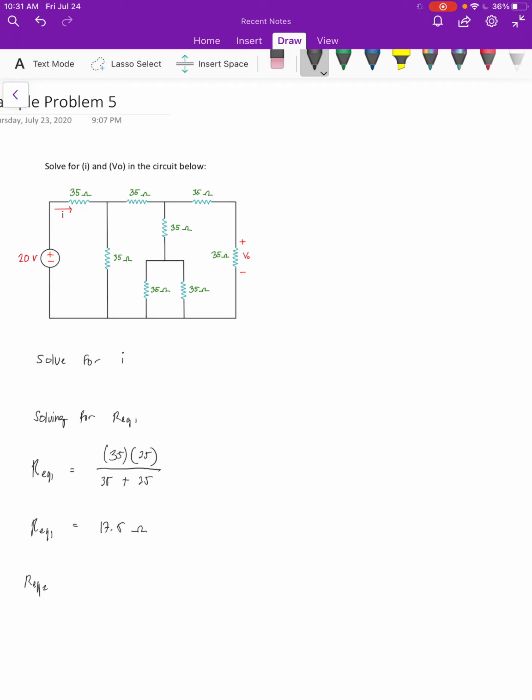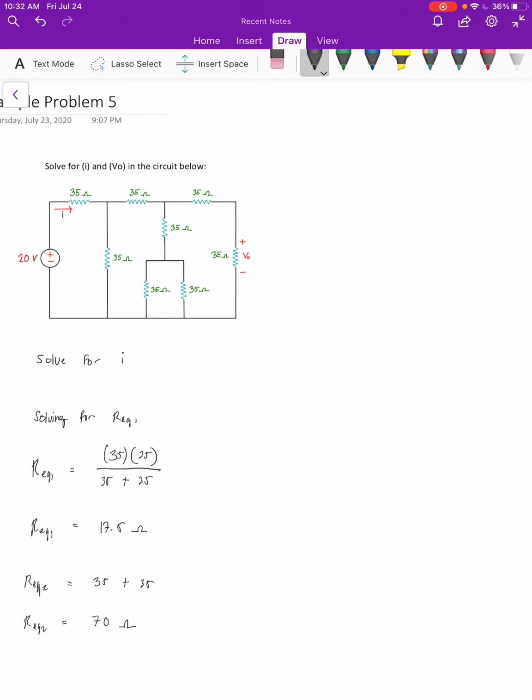So REQ2, again this is REQ2, that's a simpler addition problem. We just need to arithmetically add the two resistors, and we have REQ2 is equal to 70 ohms.